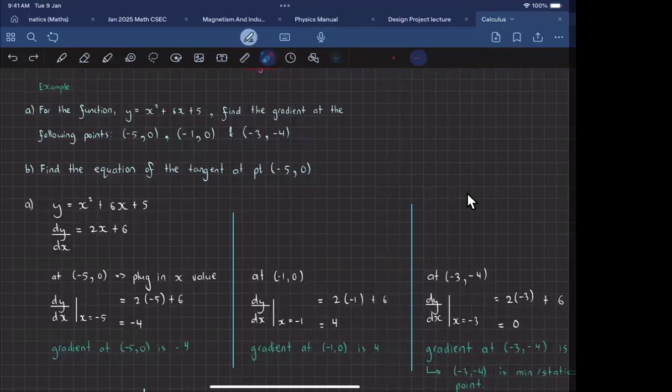Do we have the gradient at (-5, 0)? Yes. What is it? That was -4. And do we have a point that is on the tangent? Yeah, because the curve has (-5, 0) here, and the tangent passes through that point. Good? Okay.